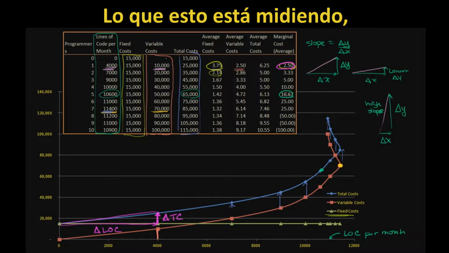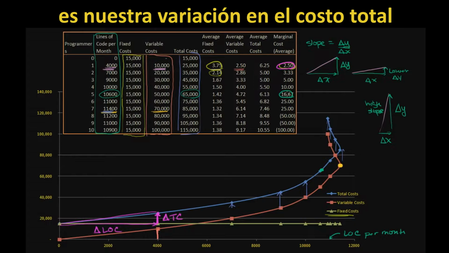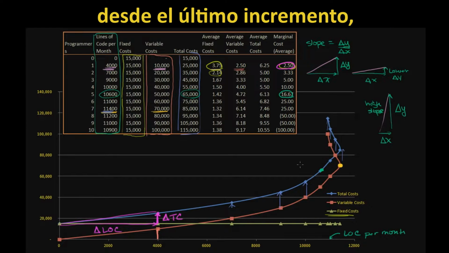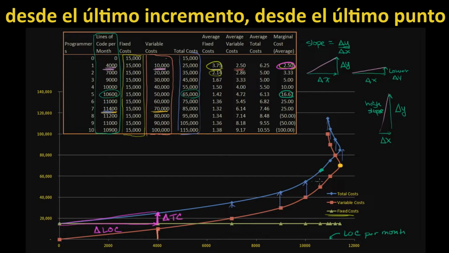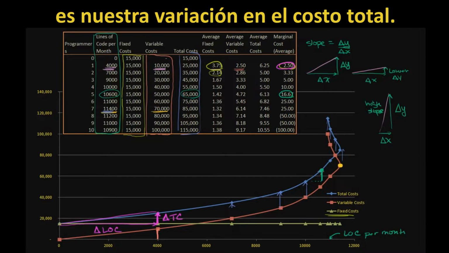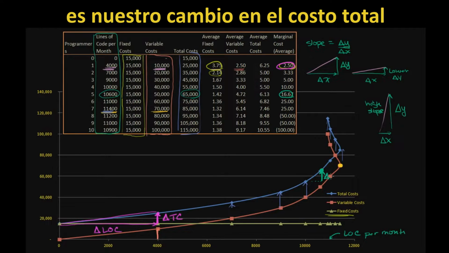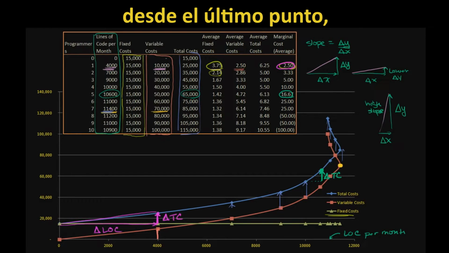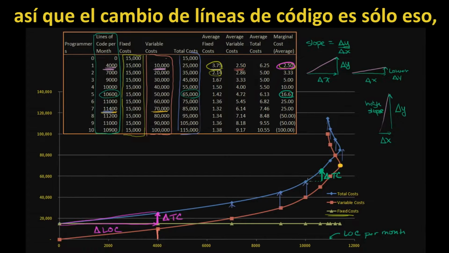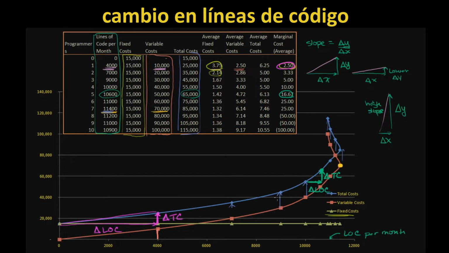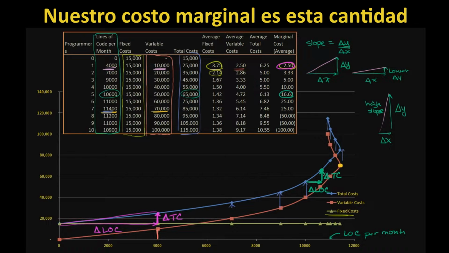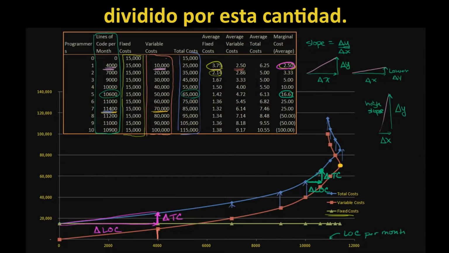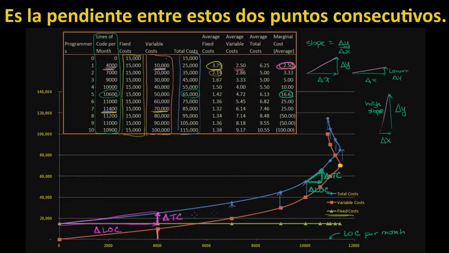What this is measuring is our change in total cost since the last increment, since the last point, divided by the change in lines of code since the last point. So our marginal cost is this quantity divided by this quantity. It's the slope between these two consecutive points.